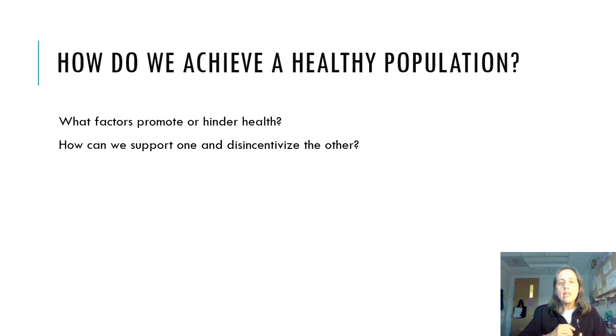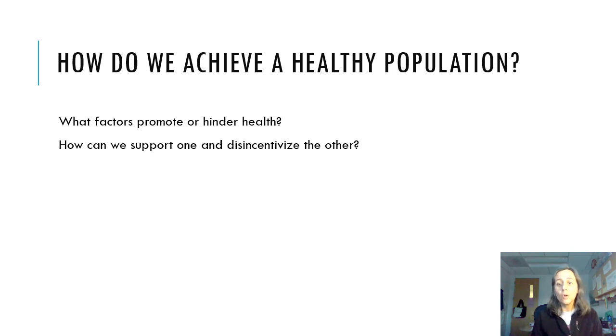And then once we know what those influences are, and once we know how they relate to each other, how can we kind of support those things that promote health and disincentivize the things that don't? So thinking about our different ways of coming up with recommendations and how we implement those, keeping in mind those kind of spectrums of things, and then all the ethical, policy, and law characteristics that kind of come into that.